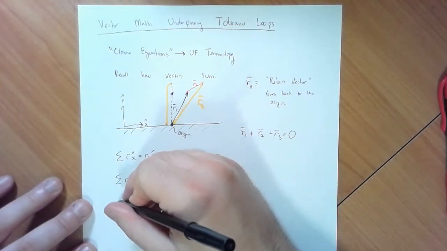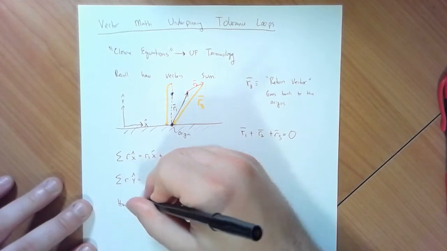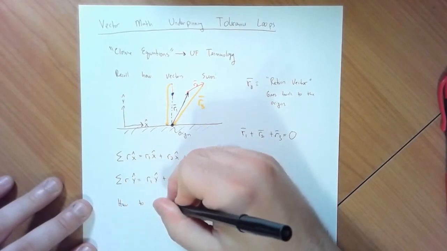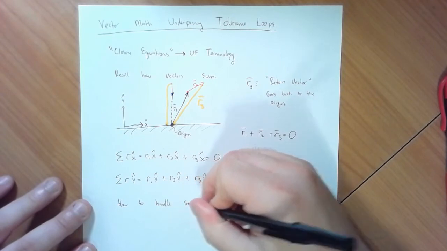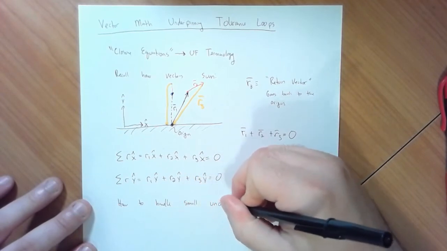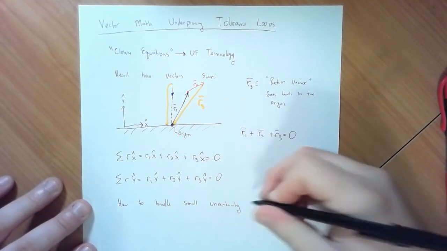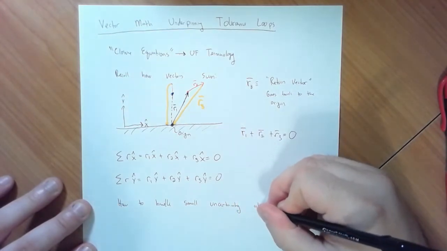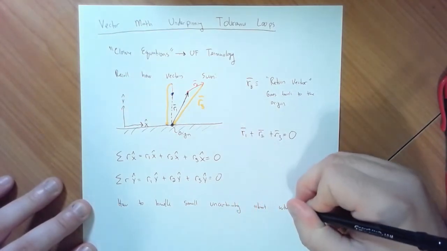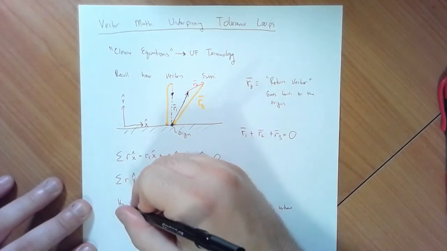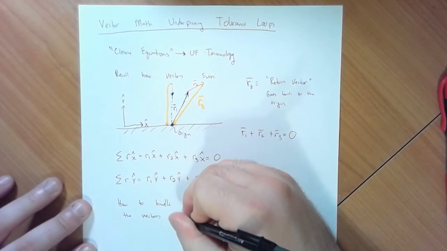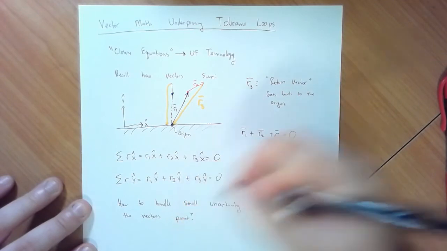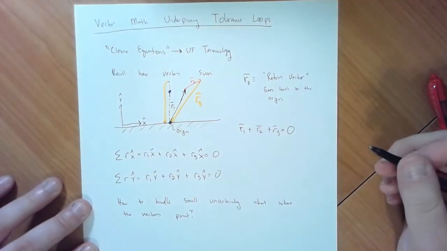So how to handle some small uncertainty about where the vectors point. Okay, so that's the question we're going to answer.